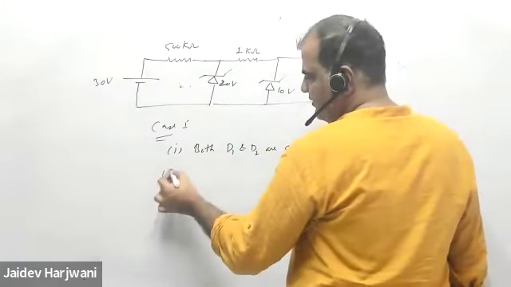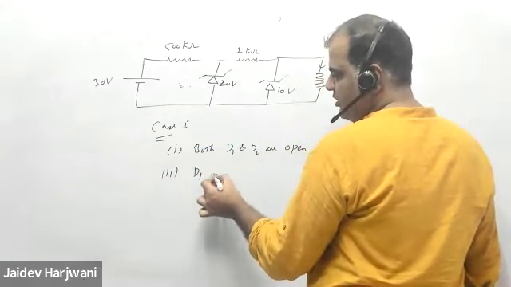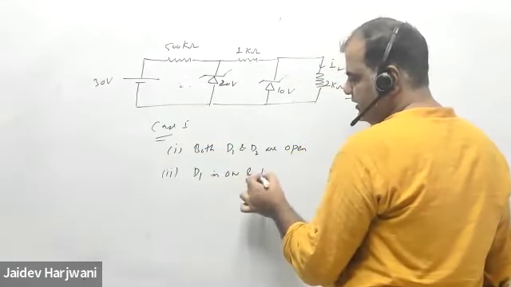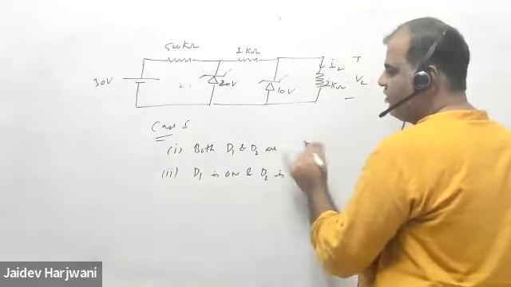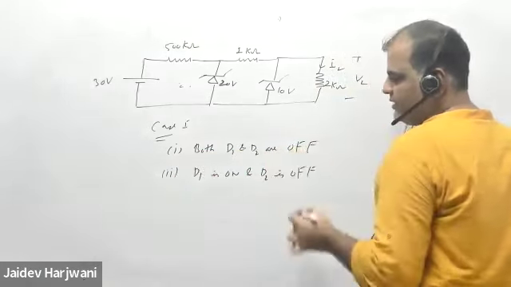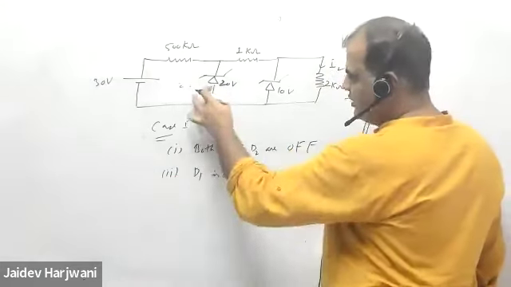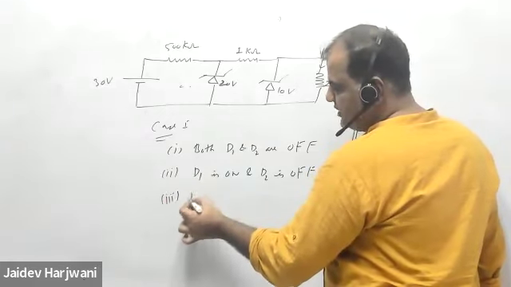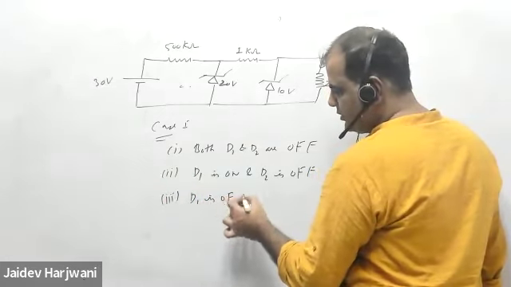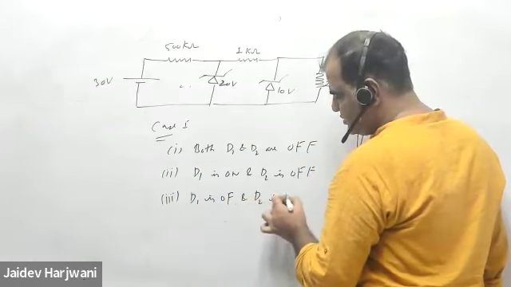Second case I have D1 is on and D2 is off. Both D1 D2 are off, first case I'll take. Off means open. Now second case is D1 is on, D2 is off. Third case possibility is D1 is off and D2 is on.